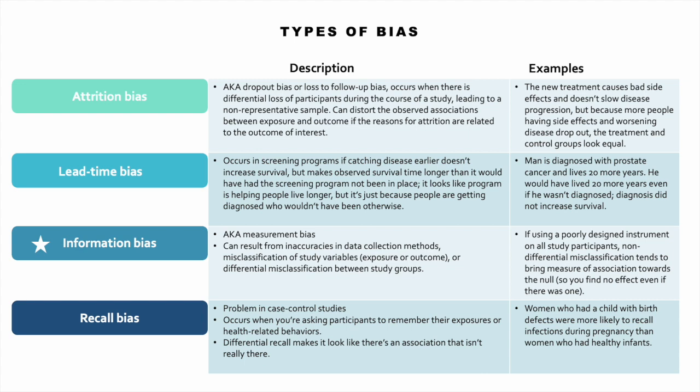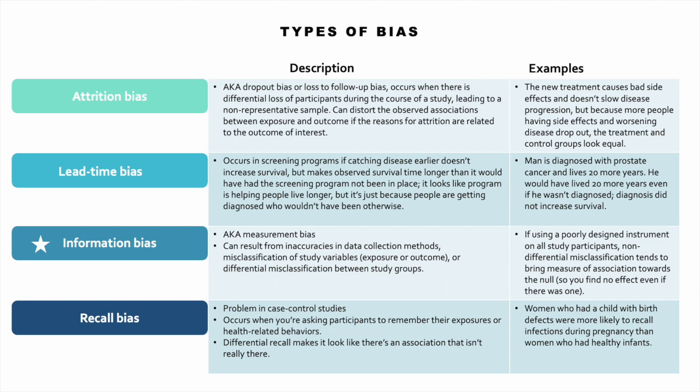It wouldn't vary in either direction. So if I was carrying out a study on blood pressure, and I used this poorly calibrated blood pressure cuff on both the cases and controls, that should lead to non-differential misclassification. But if I was assigned to check the blood pressure on the cases and someone else was assigned to do the control group, or vice versa, that would lead to differential misclassification.